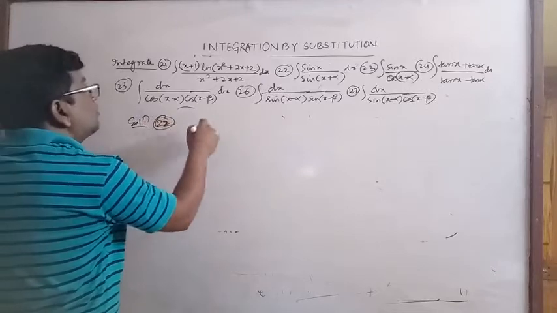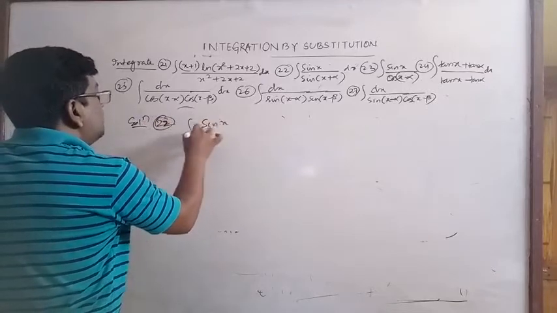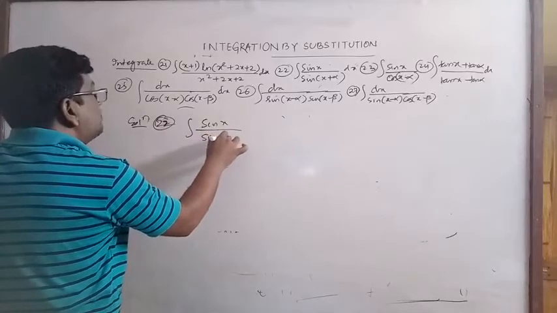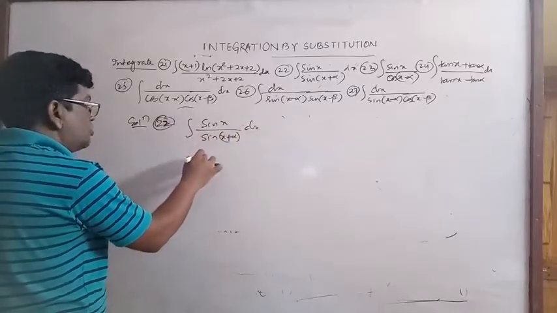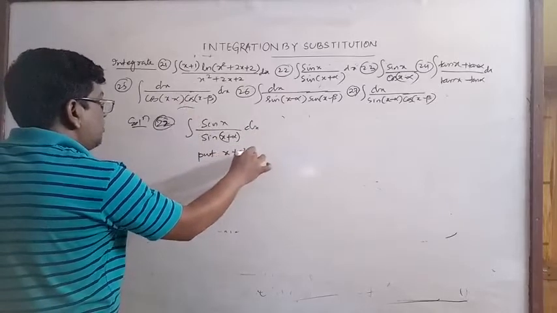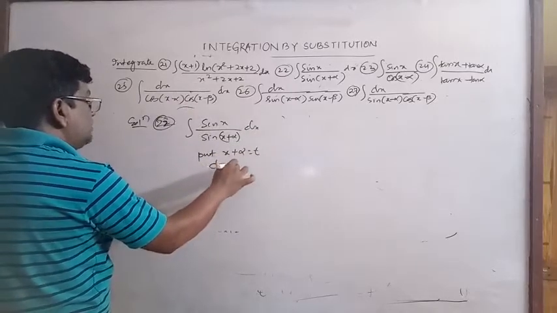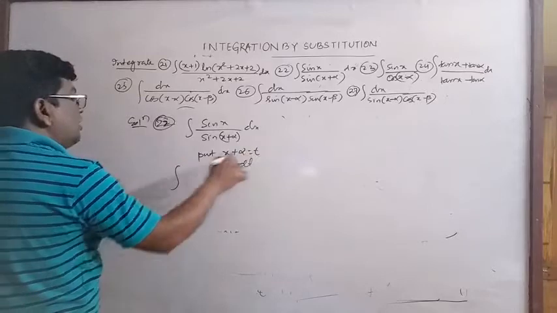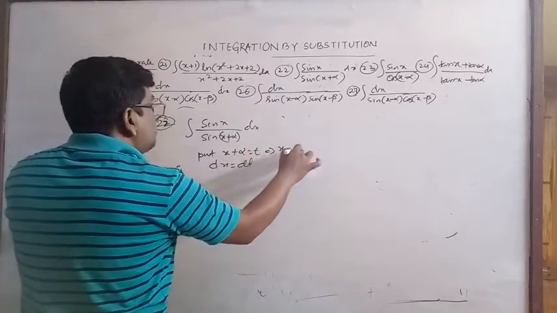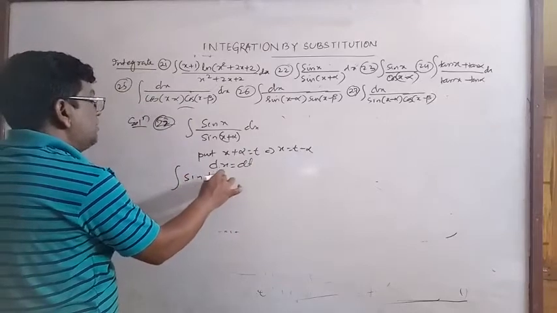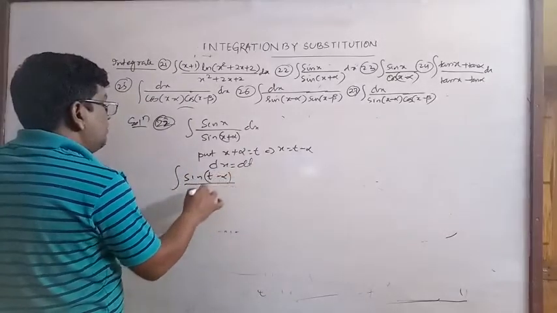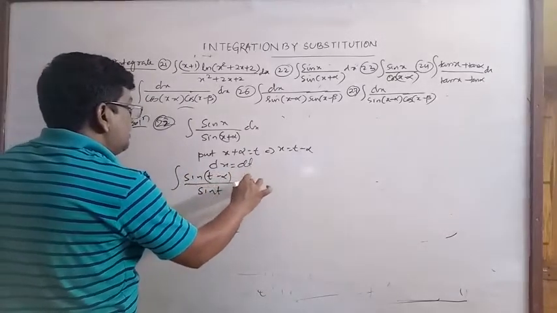Integration of sin x by sin x plus alpha dx. It is a single variable. So put x plus alpha equal to t, dx is equal to dt, and x is equal to t minus alpha. So sin of t minus alpha divided by sin t dt.